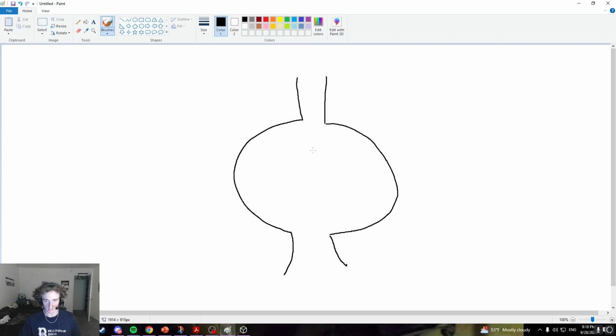Okay. And boom. Okay, so this is going to be the slow pathway. There we go, slow. This is going to be the fast pathway. And then let's do A and B.